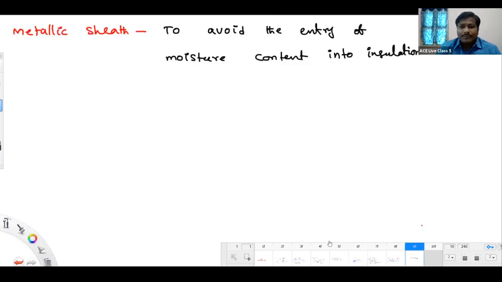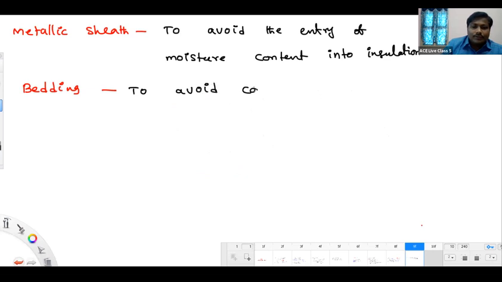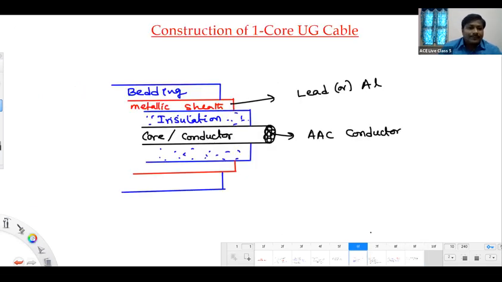Okay. So the next layer we are naming as bedding is kept to avoid corrosion on the metallic sheath. What is the material we'll be using for bedding here?